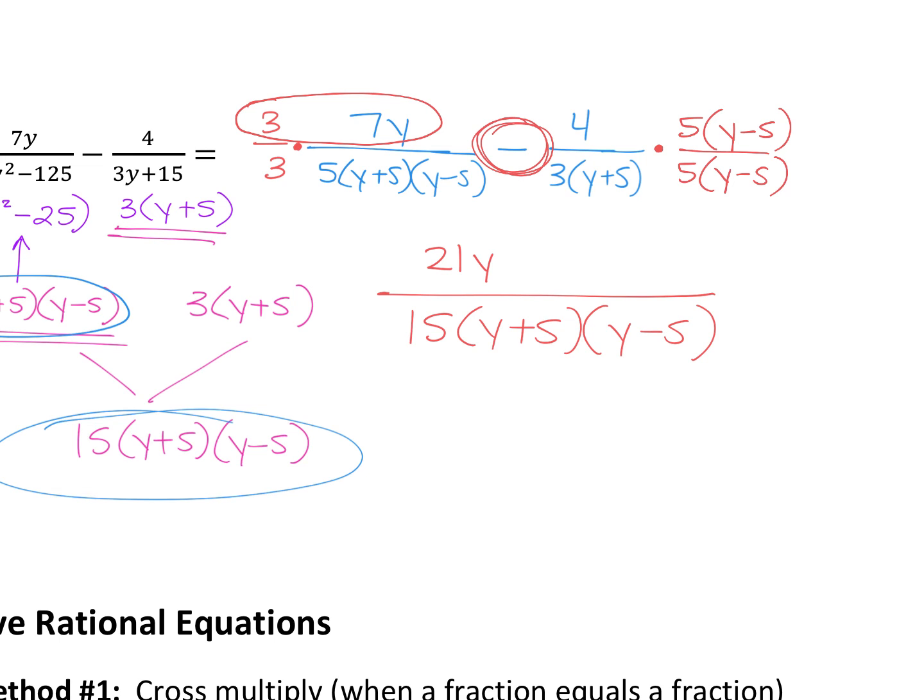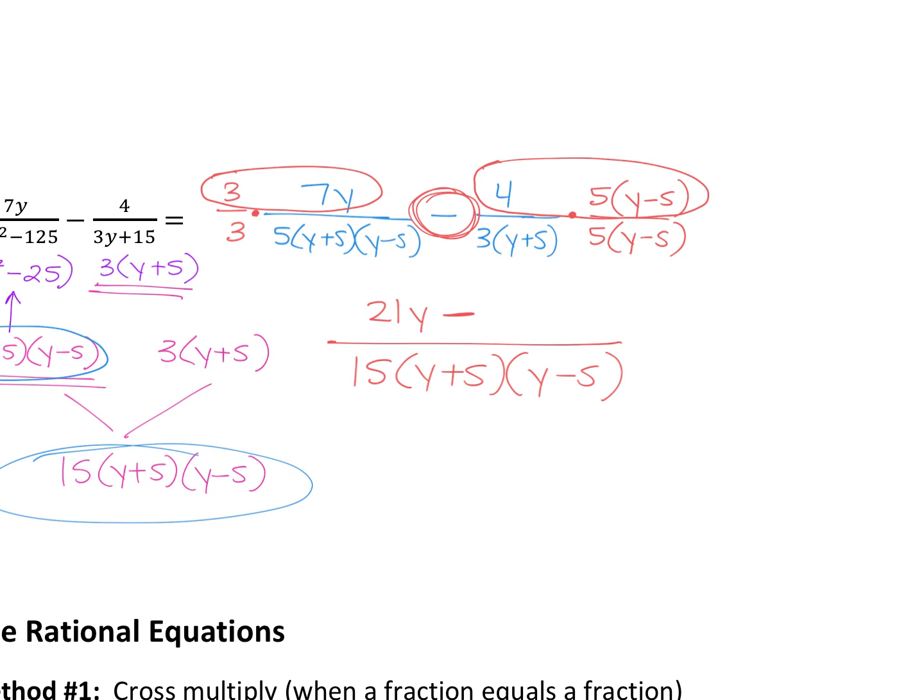We're subtracting here. So 21y minus, and now what do you do over here? We're going to multiply. 4 times 5 is 20 times y minus 5. Okay, now we're going to distribute that. 20y minus 100, but this is all in parentheses right now.